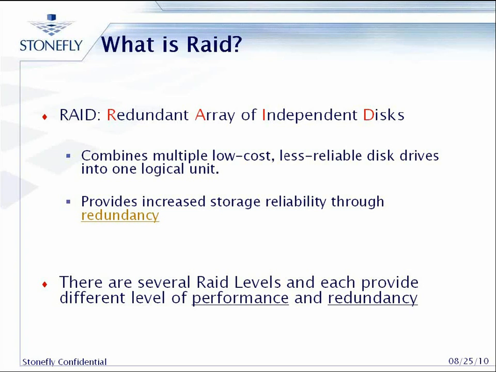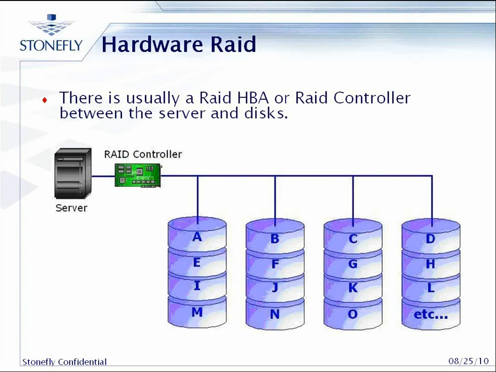There are several different RAID levels, and each provides a different level of performance and redundancy. You have heard about hardware RAID or software RAID. With different OSs, like Linux or even Windows, you can create software RAID. So you get a bunch of disks and create different RAID levels.